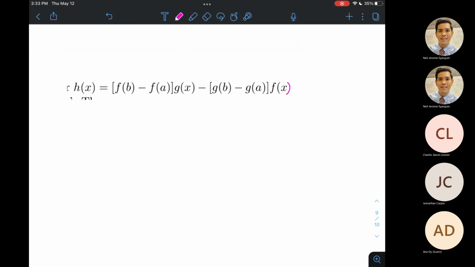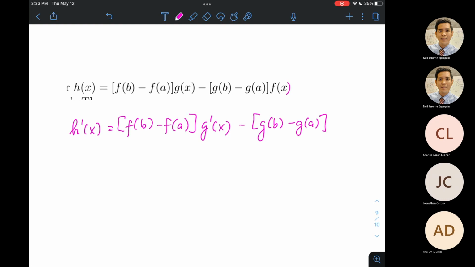Okay. Pag kinuha ko yung derivative ni h, equal lang siya dito, f of b minus f of a. Constant kasi yan, di ba? Scalar multiplier to, constant yan. Tapos multiply ko lang siya ng derivative ni g minus constant times derivative ni f. Okay?